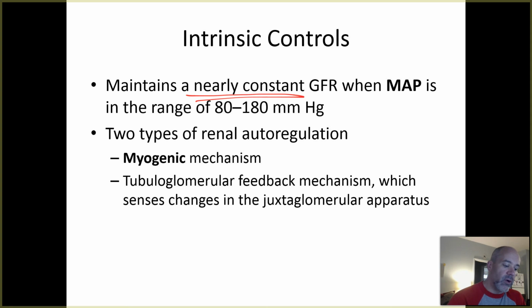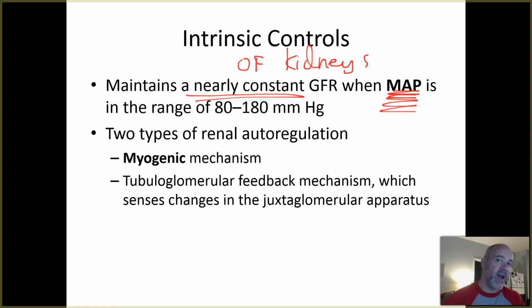So the intrinsic controls of the kidneys will work across a very broad range of mean arterial pressure. That's what that means, like your average arterial pressure. When it's in the range of 80 to 100 millimeters of mercury, the intrinsic controls generally take care of things pretty well. And there are two major ways that this happens.